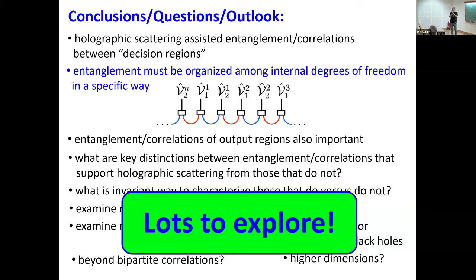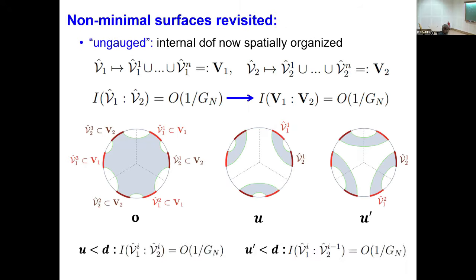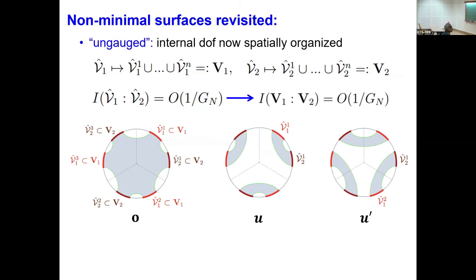Sorry, maybe Ronak. Okay. Can you go back to the slide where you showed the U-type diagram in the ungauged Zn unfolded geometry? I can try. Is this? Yes. So the U-type diagram is the one where it looks like the different copies aren't entangled with each other. Is that right? So are you saying that the thing that you need is that the different copies or different parts of the internal degrees of freedom aren't entangled with each other?